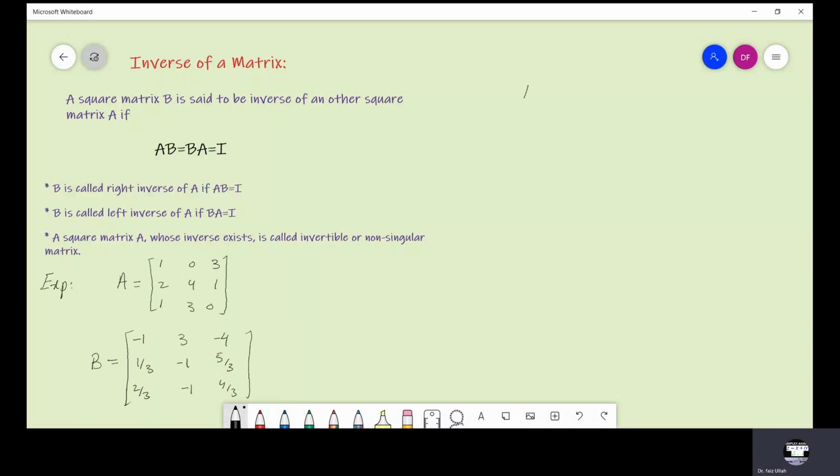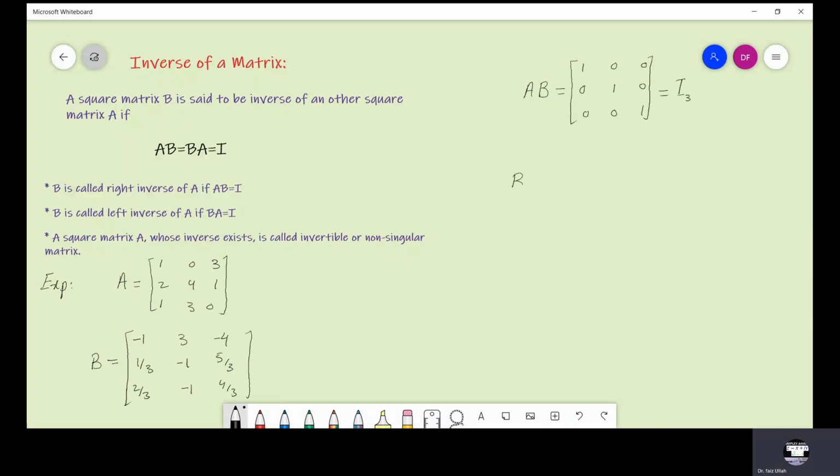Now if we multiply A with B and simplify this, we will get 1 0 0, 0 1 0, 0 0 1. So this is an identity matrix I3, a 3 cross 3 matrix.